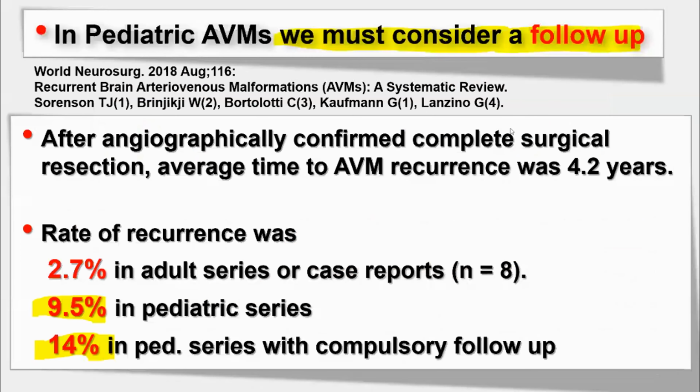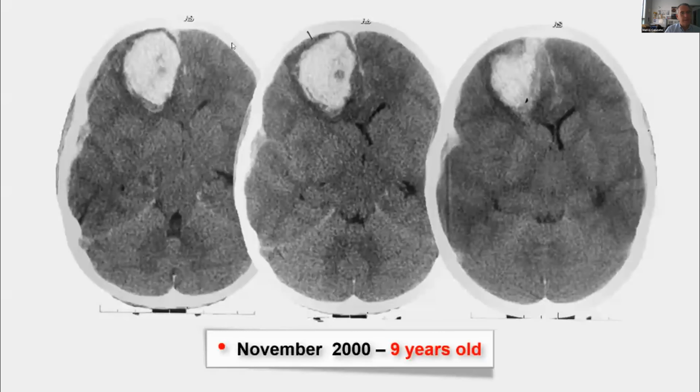So, last topic, and then I will finish. In pediatric AVM, you also have to consider follow-up. It is well known that the AVM can recur, and I will show you a case. This was a 9-year-old child operated elsewhere in 2000, and this was a hematoma.